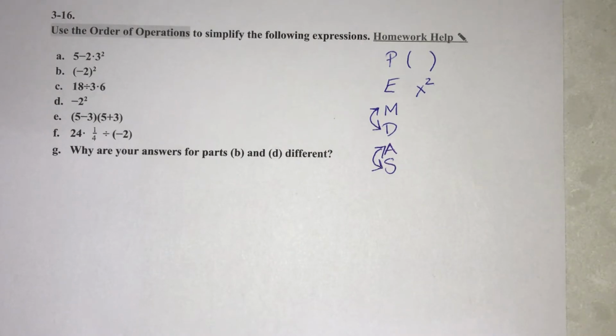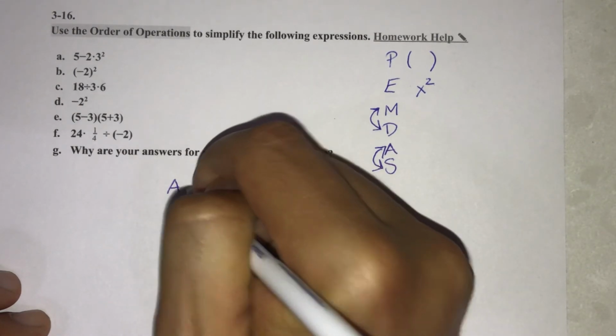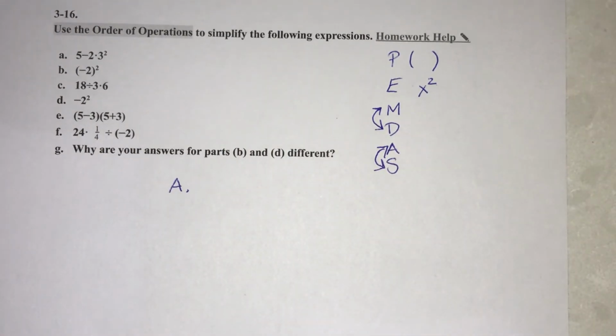All right, so let's look at letter A first. And you can do this work on the computer. You can do it on a sheet of paper, take a picture of it and send it to me. However you want to, whatever's easiest and best for you is totally fine with me.